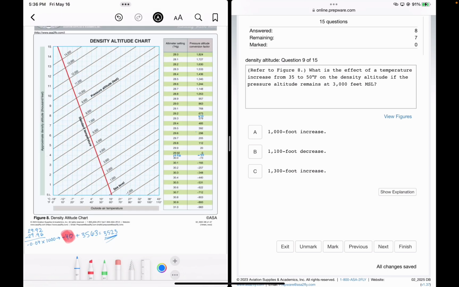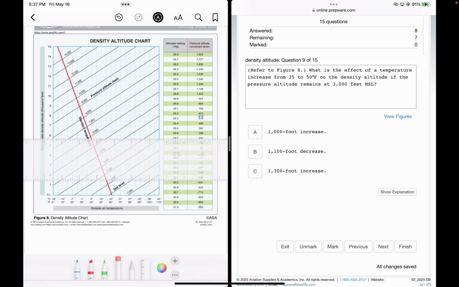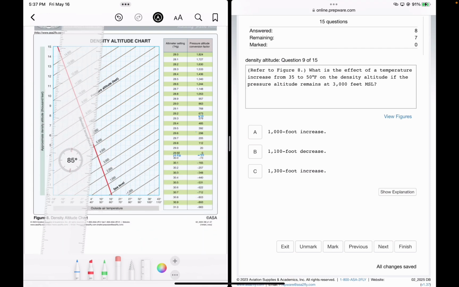Okay. What is the effect of a temperature increase from 35 to 50 on density altitude if the pressure altitude remains at 3,000 feet MSL? Okay, let's do this again. So we take our ruler. It's nice to have a ruler.